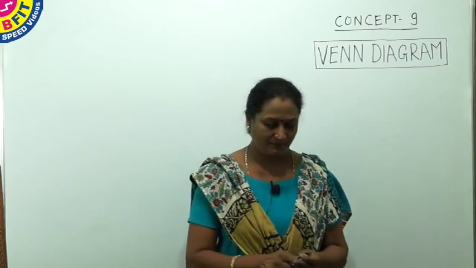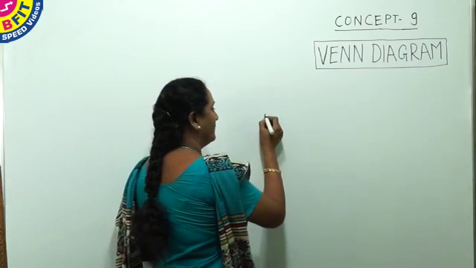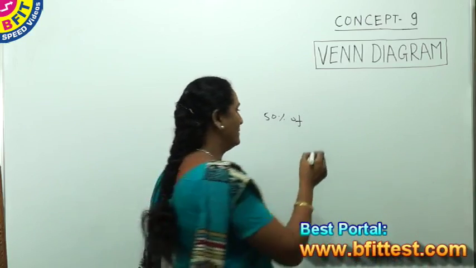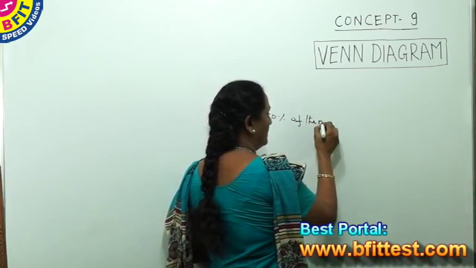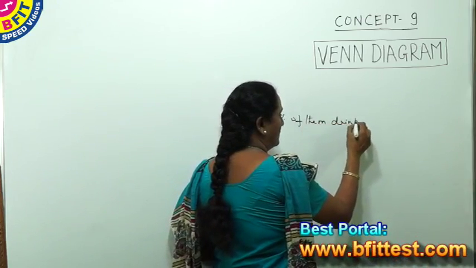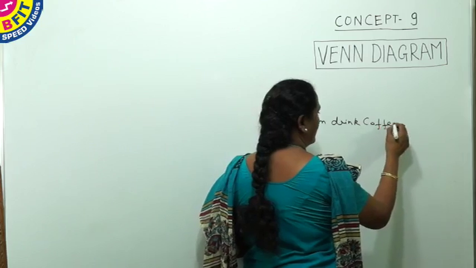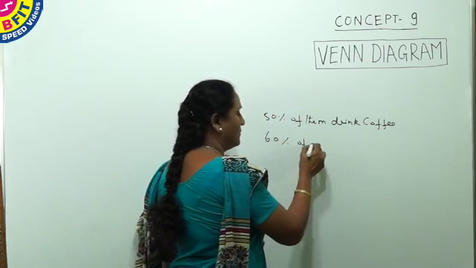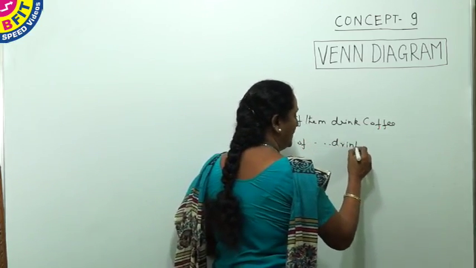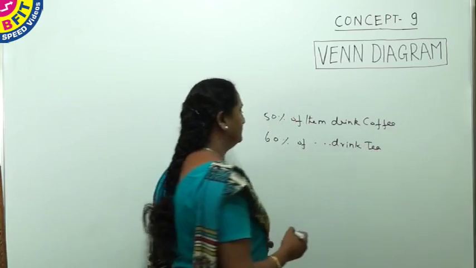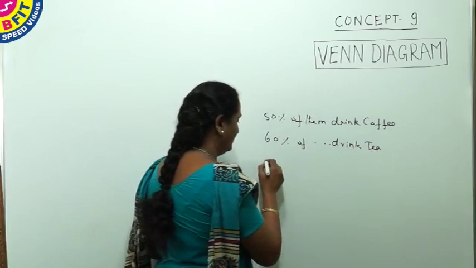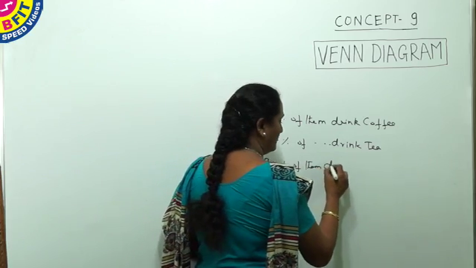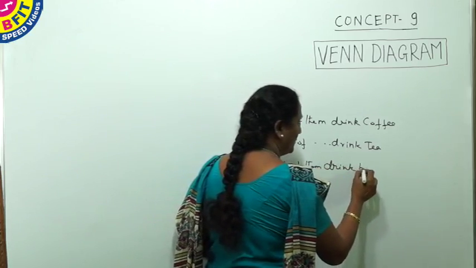Say for example, in an office, 50% of the people in the office drink coffee and 60% of them drink tea. 30% drink both.